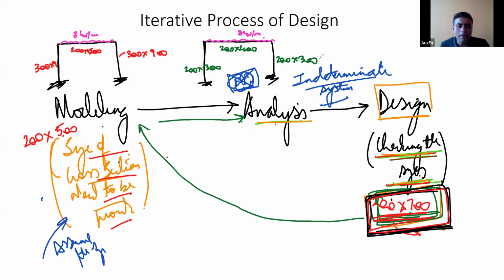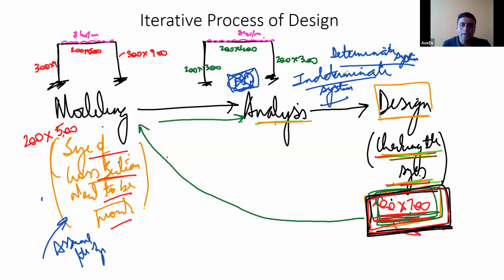And this is more applicable for the bending moments. When you have a determinate system, by which I mean a simply supported beam or a cantilever, the bending moment values do not depend on the cross section size.